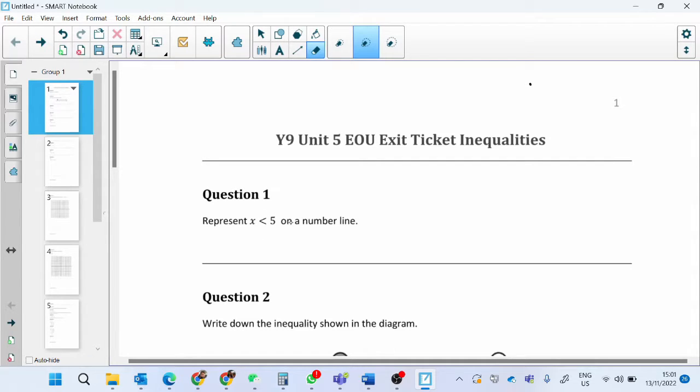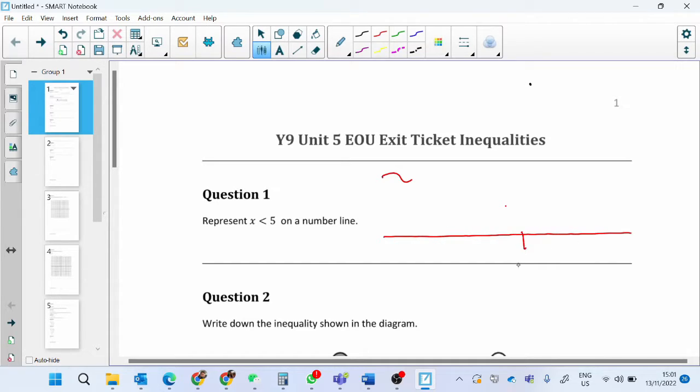Here question number 1 is in front of us. If x is smaller than 5 on a number line, with 0, -1, -2, -3 and 1, 2, 3, 4, 5, which says x is smaller than 5.